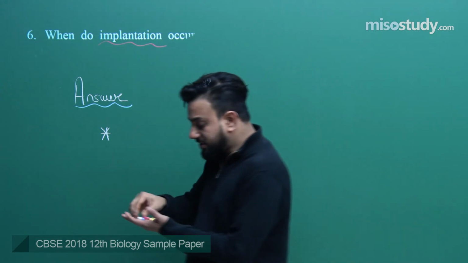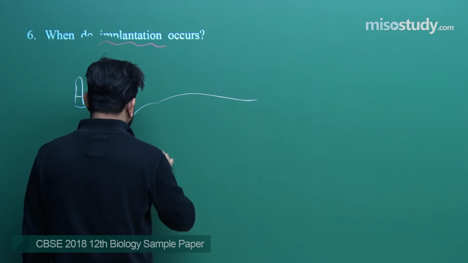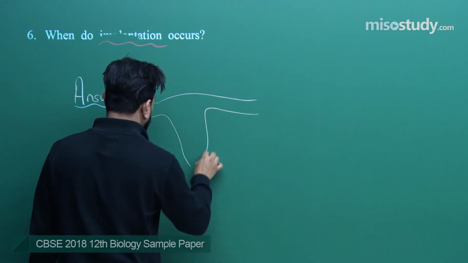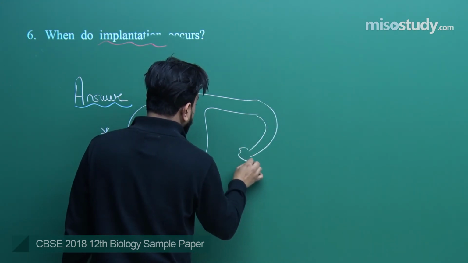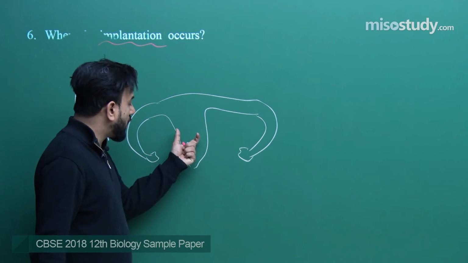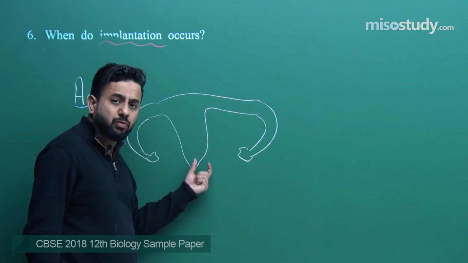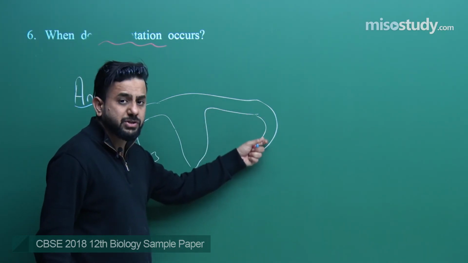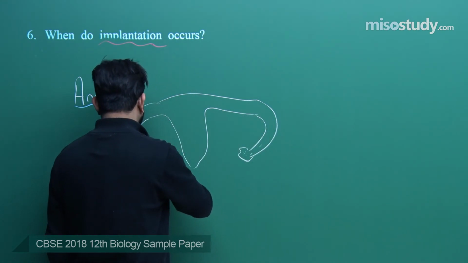We'll take a small diagram. This is the uterus, this is the vagina, the vulva, and all those things. This is the fallopian tube. Here will be the ovaries, and from the ovary the egg cell will come here.